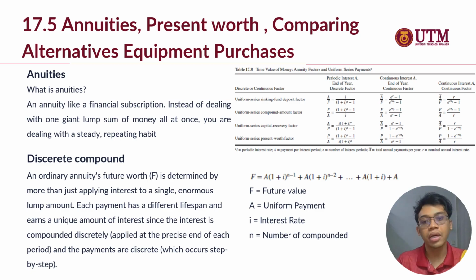Each payment has a different lifespan and earns a unique amount of interest, since the interest is compounded discretely and applied at the precise end of each period, with each single payment occurring step by step. So here are the calculations that we use, which include the future value, uniform payment, interest rate, and n for the number of compounding periods.